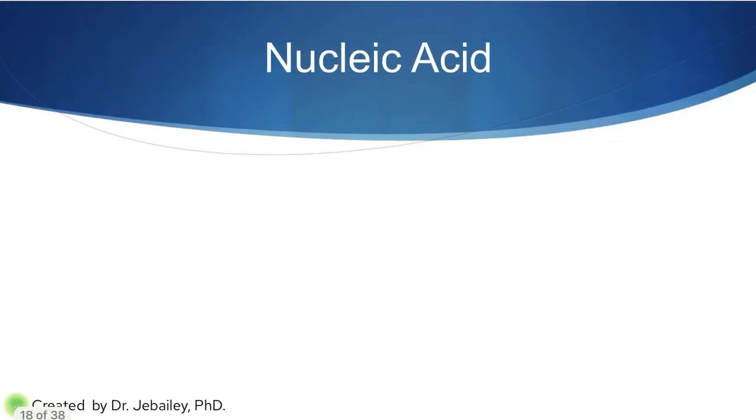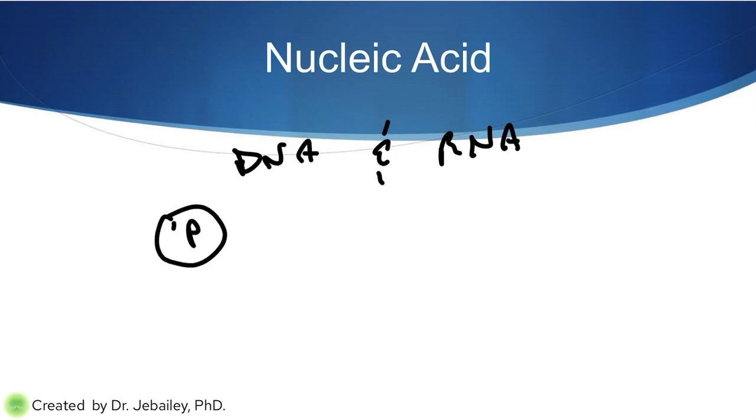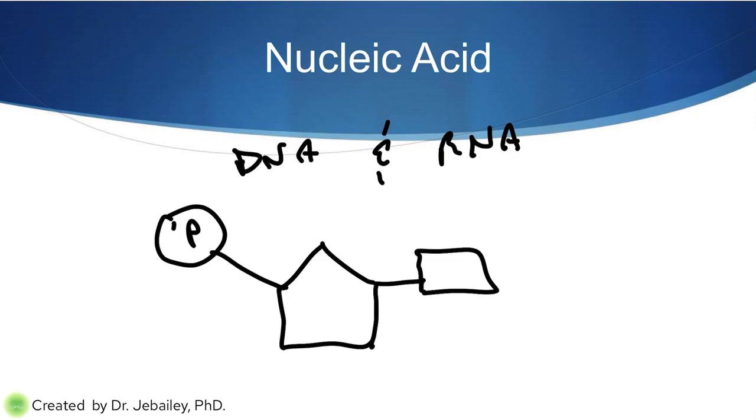Then we have the nucleic acids. That is the famous DNA as well as the RNA. Again, these guys also have carbons, hydrogens, nitrogens, even phosphates. So they usually have a structure with a phosphate group attached to a sugar and then eventually attached to a nitrogen base.